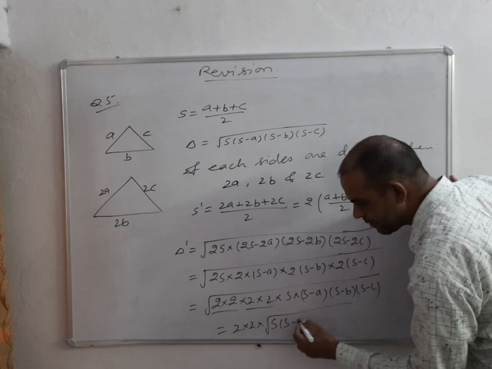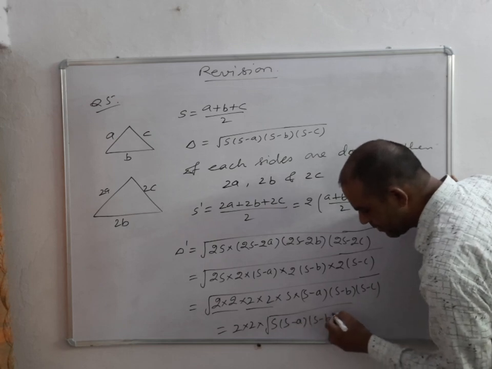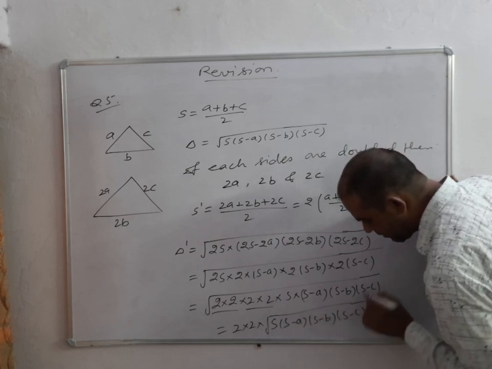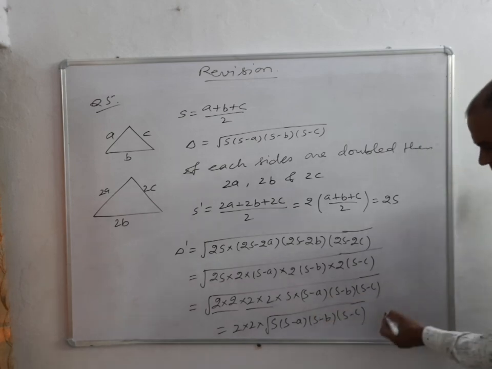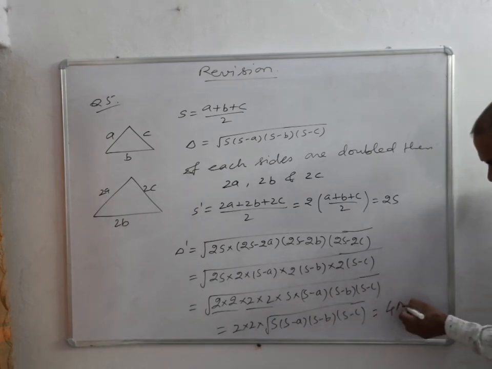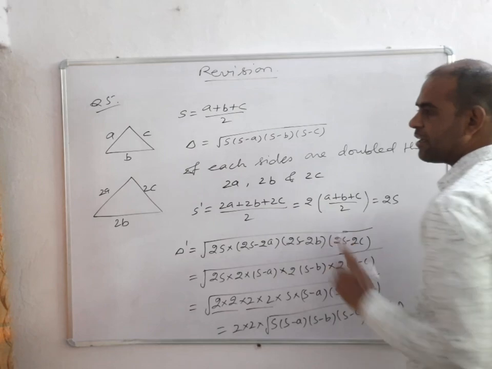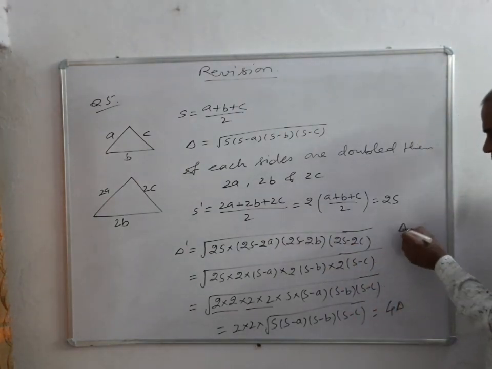Again S, S minus A, S minus B, S minus C. That is 4 del. इसको अपनों ने del के नेम से डिफाइन किया. So the area of the new triangle is 4 del.